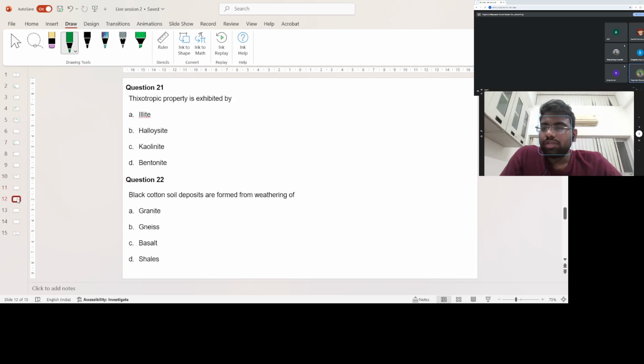So coming to the next question, thixotropic property is exhibited by option A illite, option B halloysite, option C kaolinite, and option D bentonite.